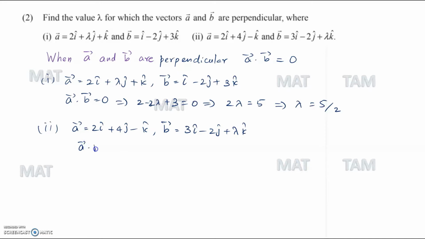Again, our vector A dot product B is equal to 0, which implies 2 times 3 is 6 plus 4 into minus 2 minus 1 minus lambda is equal to 0, which implies that our lambda is equal to 6 minus 8, which is equal to minus 2. So our lambda is equal to minus 2.